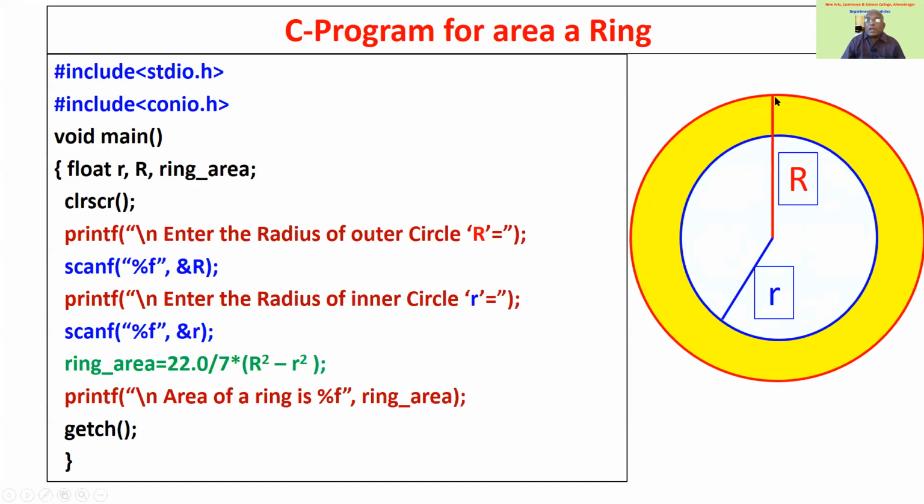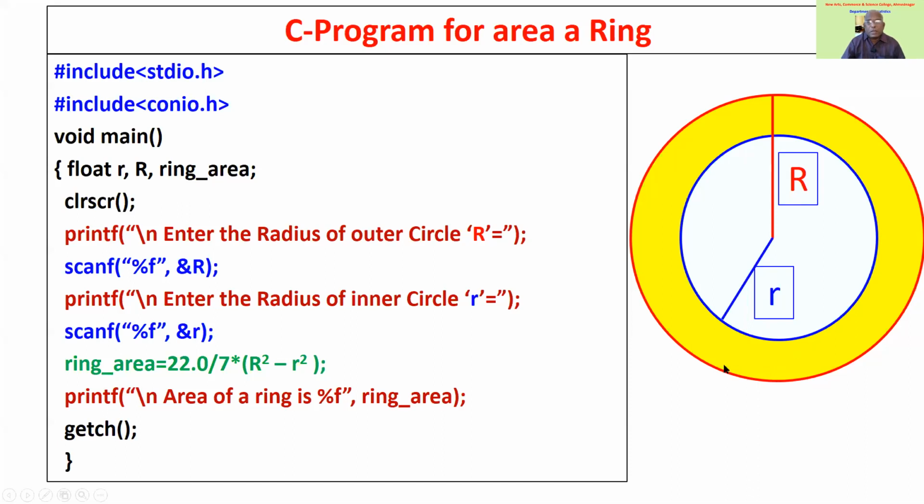So let us say the outer circle has radius capital R, and the inner circle has radius small r. I told you that in C, alphabets are case sensitive. This R and this r will not be treated as the same. Capital is different, small is different. So we'll write the program for this.